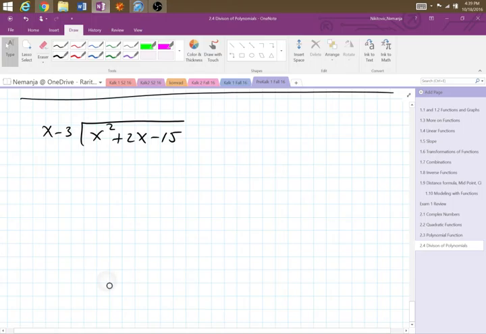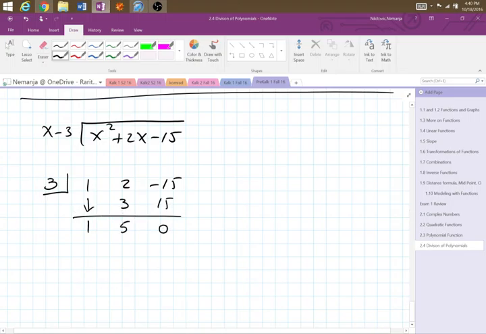So we can do the synthetic division as 3 into 1, 2, negative 15, and you can come up with a division and see that the remainder is 0. So it goes 1, 3, gives me 5, and then gives me 15. And look, the remainder is 0.